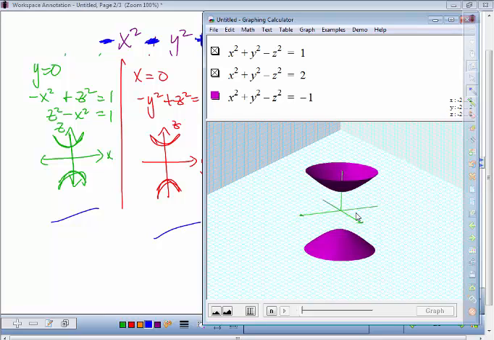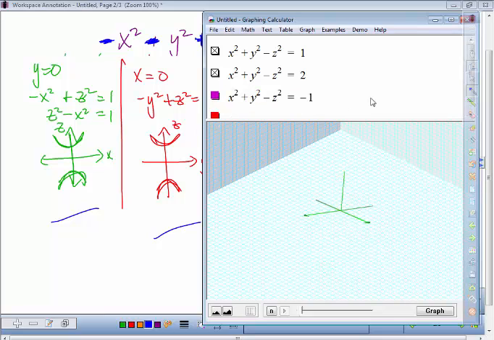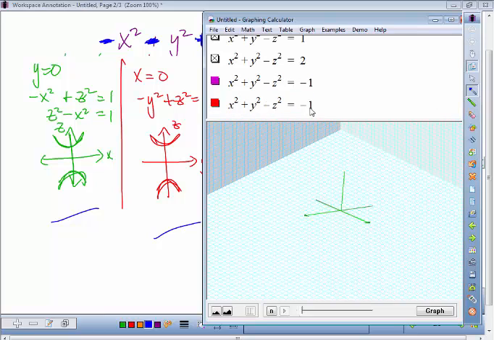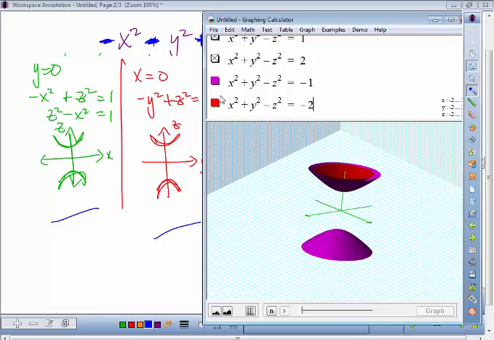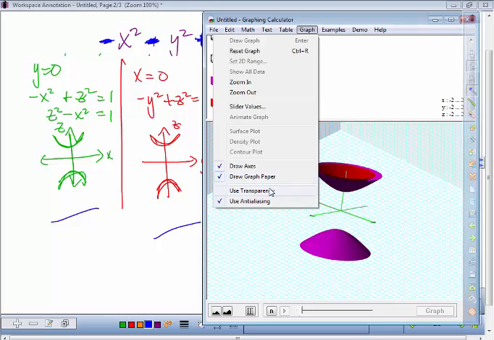All right? And then if we change those values from -1 to -2 or something like that, then you'll see these hyperboloids just kind of stacking themselves up.